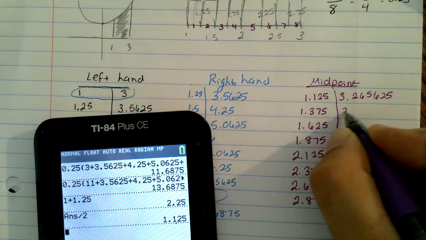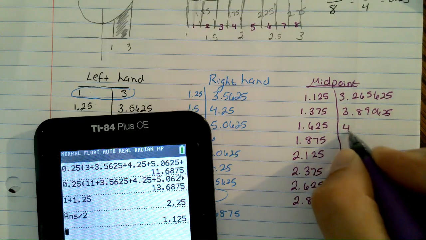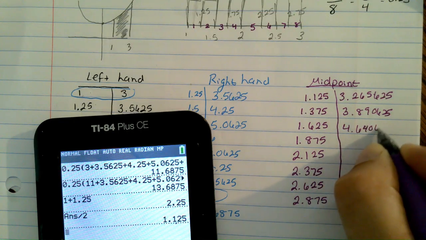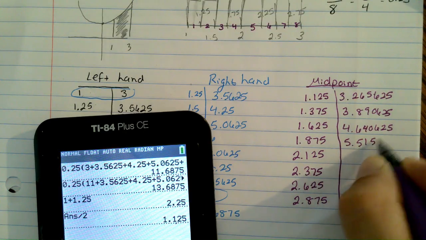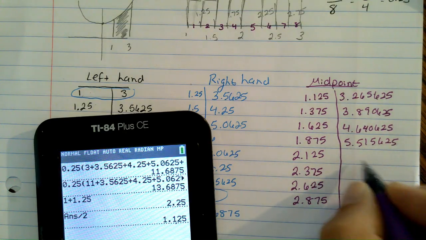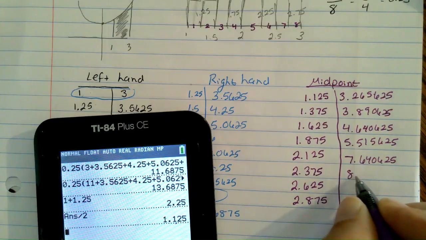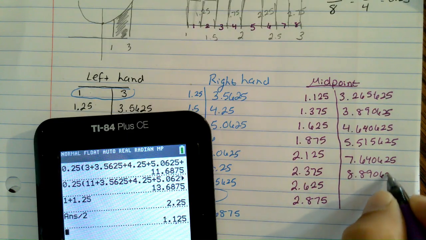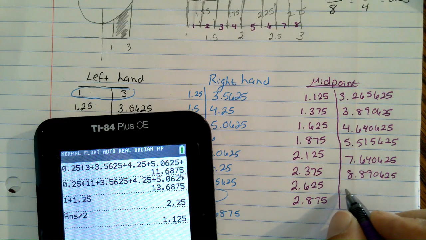3.265625, 3.890625, 4.640625, 5.515625, 7.640625, 8.890625. Did I miss one? That one was supposed to be here.